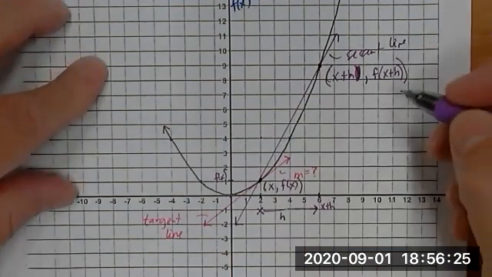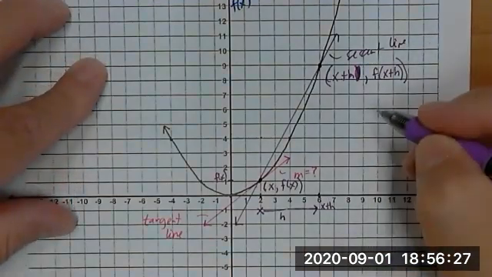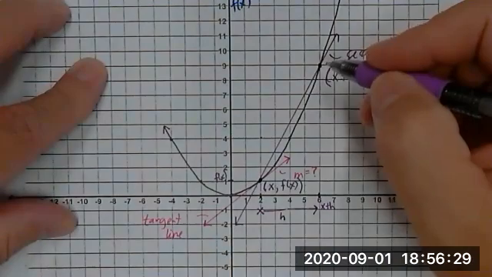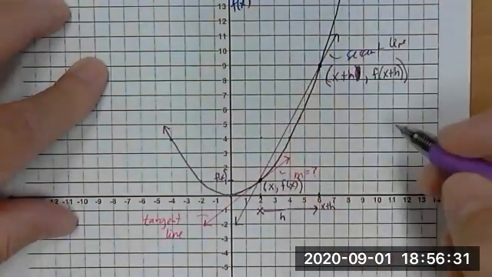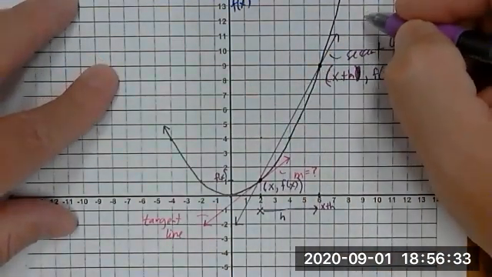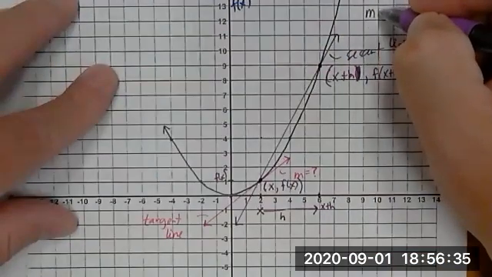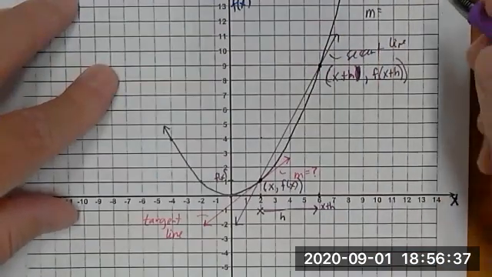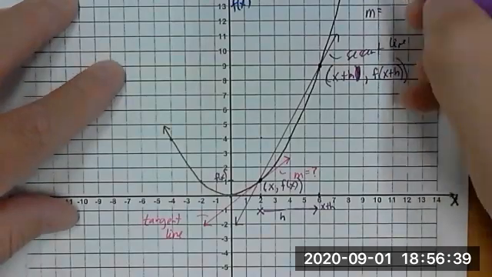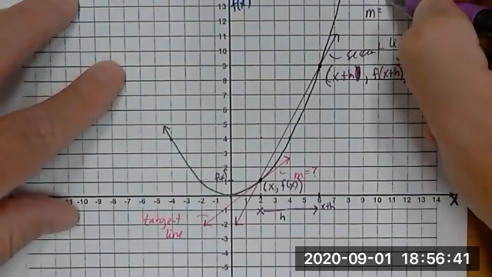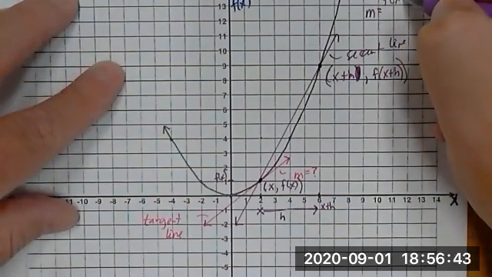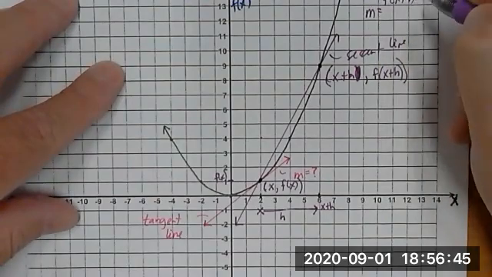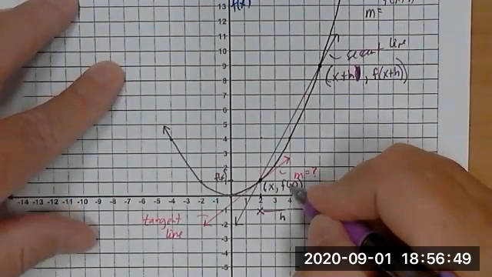Let me try and do it right here. Maybe I do it up here. So the slope is y of my second point, f of x plus h, minus y of my first point.